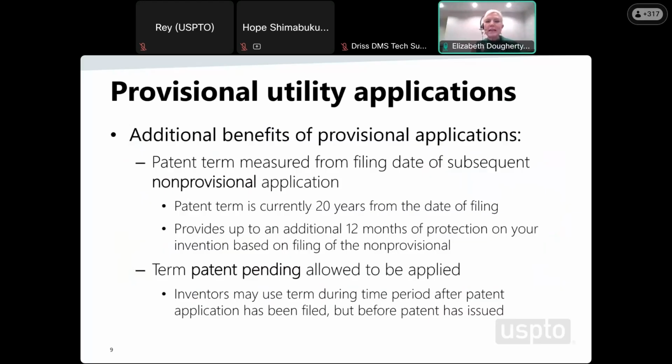The term patent pending is allowed to be applied. So the minute you have something on file with the office, whether it's that provisional patent application or the non-provisional, you can use the term patent pending, but that provisional patent application is the easiest way to begin to use that term patent pending. Next slide, please.